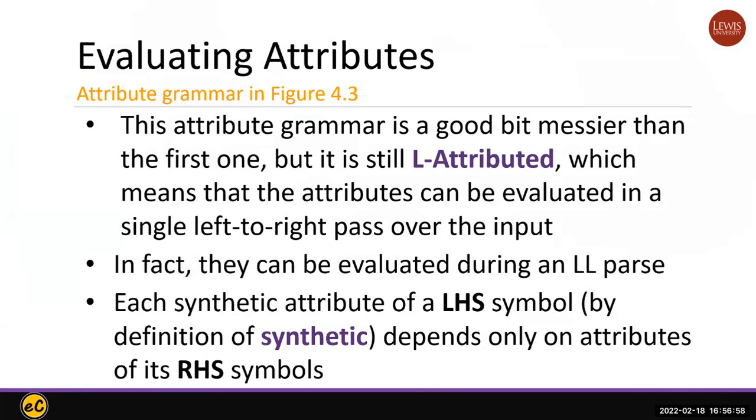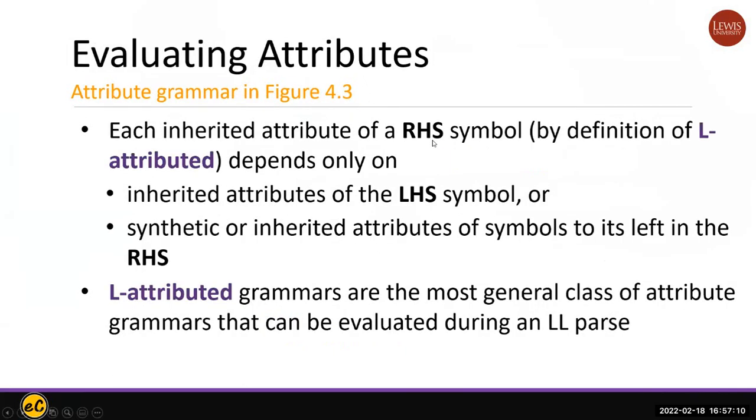In fact, this can be evaluated during the LL parsing. Each synthetic attribute of the left-hand side symbol depends only on the right-hand side symbols. Each inherited attribute of a right-hand side symbol depends on the inherited value of the left-hand side symbol and the synthetic attributes of the previous symbols to the left.